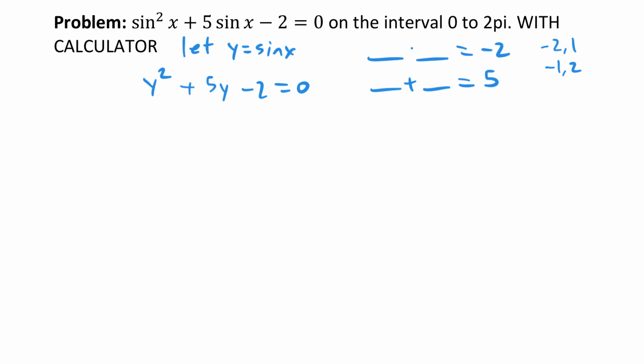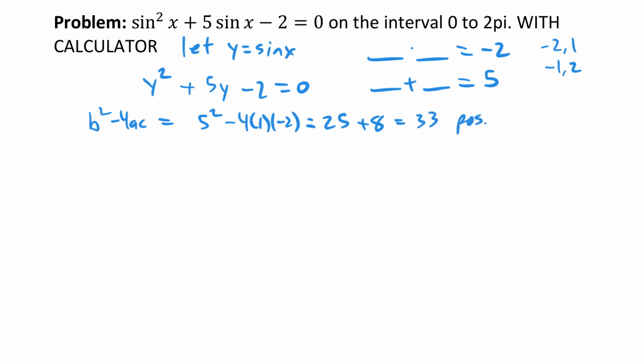You might have got stuck here and said, well, how am I supposed to factor this? It doesn't seem like it's factorable. Well, if you remember, the way you check if something's factorable is you hit up the discriminant. B squared minus 4ac. So that'll be 5 squared minus 4 times 1 times negative 2. So 25 plus 8. Oh, well, that's going to be 33.